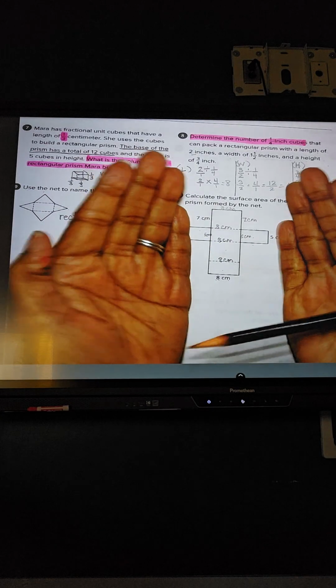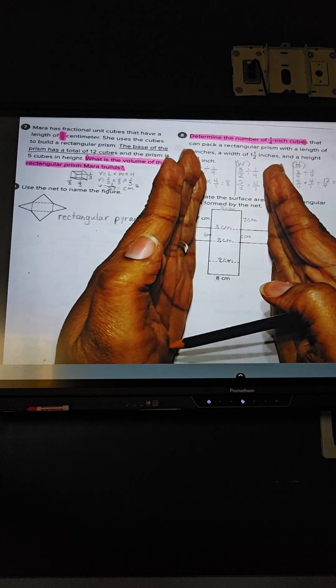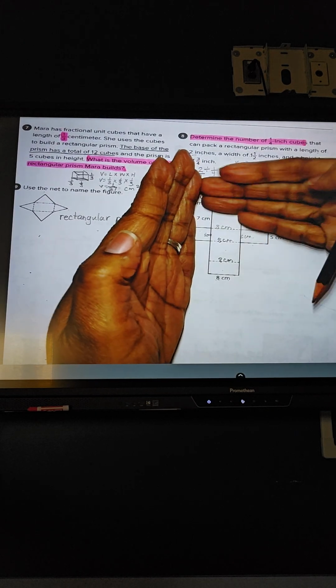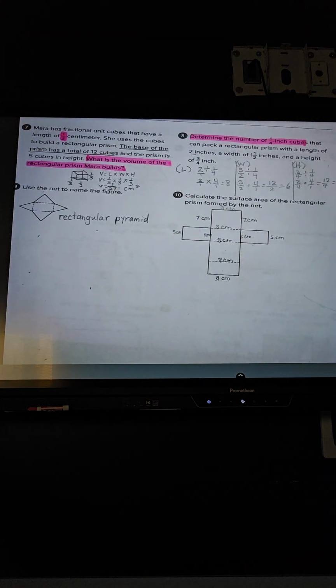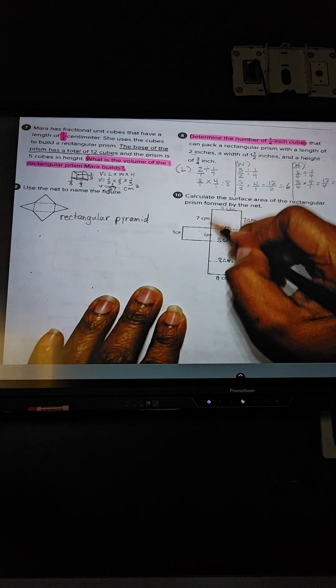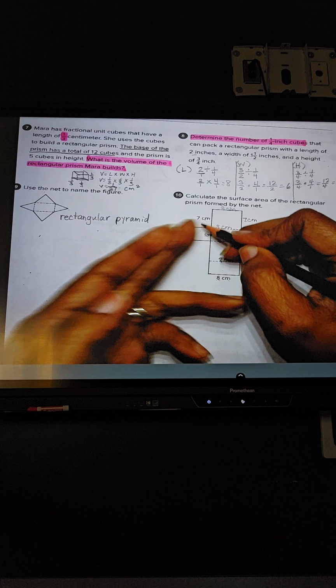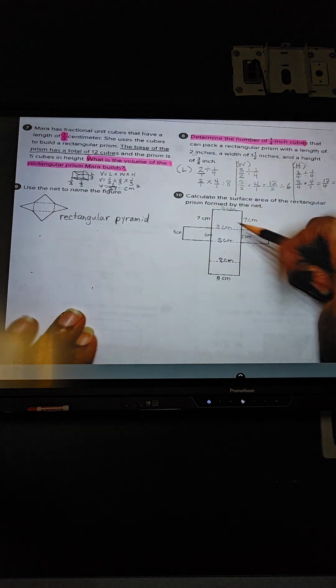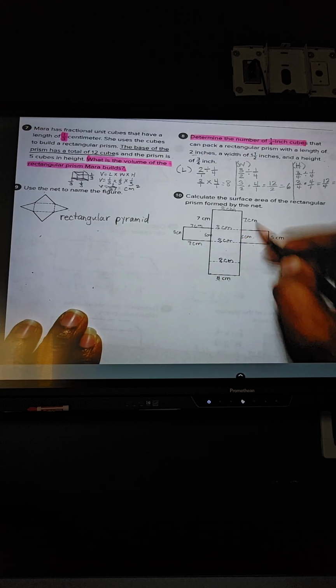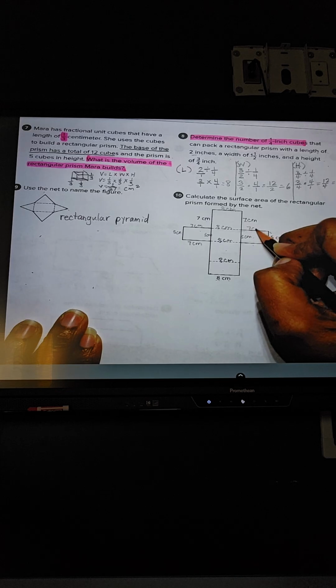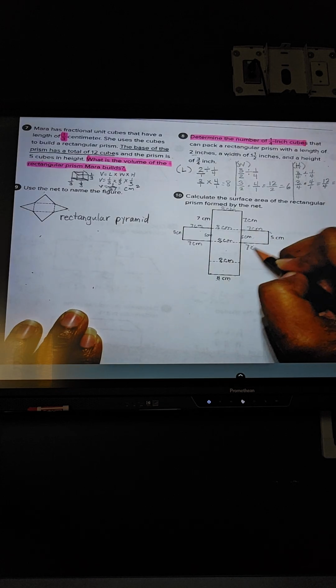When I fold it, this side, when I fold it in, it's going to be the same height. So I know that if this is 7, when they come together, they're going to be touching each other. So if this is 7, that means this is 7 centimeters and this is 7 centimeters. Same thing over here. If this is 7 centimeters, then the one next to it is 7 centimeters. Then this is 7 centimeters.